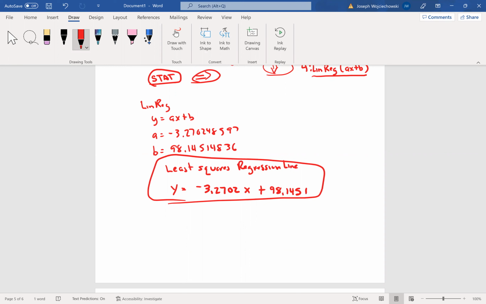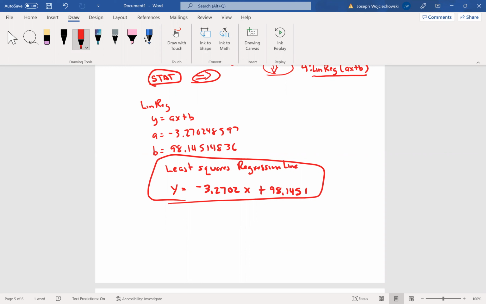So we do our calculations. 3.2702 times 6 gives me negative 19.6212, plus 98.1451. And I get 78.5239.